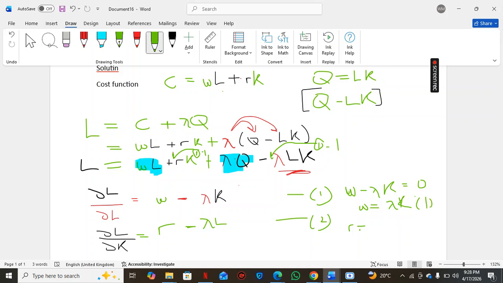R minus lambda L equals 0. You say R equals lambda L. Okay, I've just made R and W the subject of the formula. Okay, so these are the expressions we need. This one here, W equals lambda K, R equals lambda L.